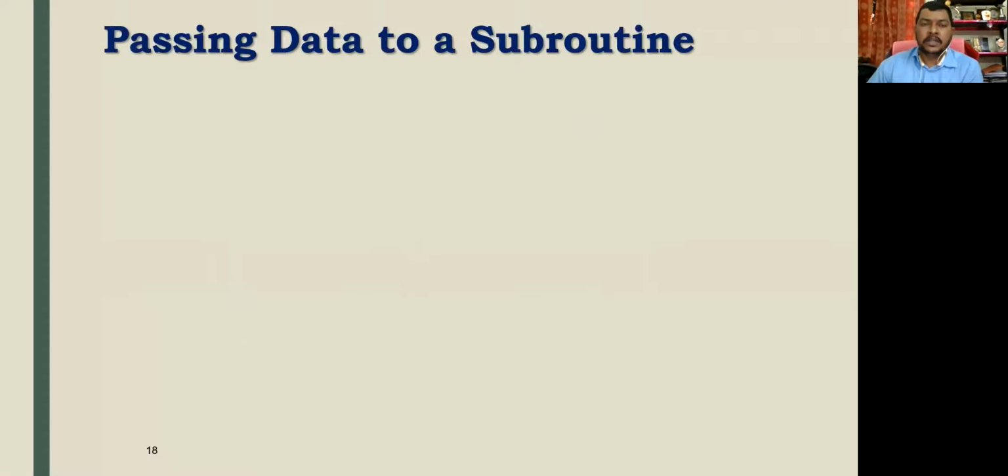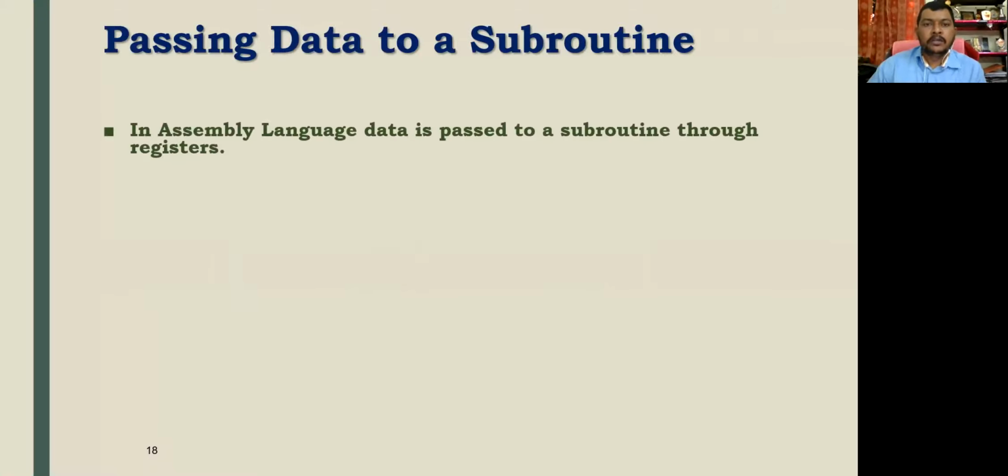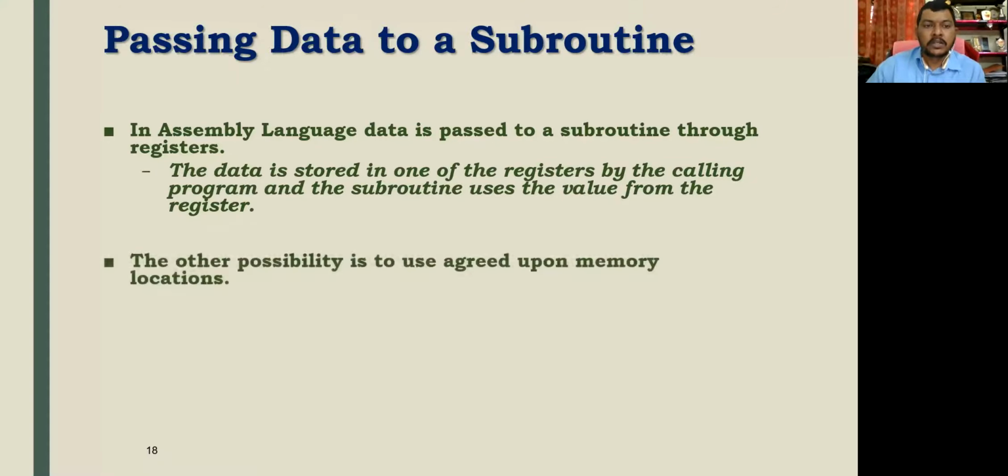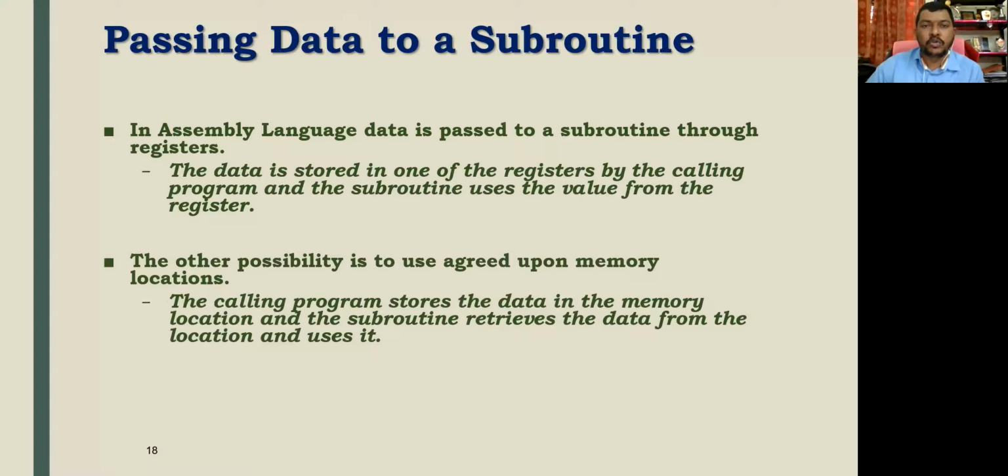And passing the data to a subroutine: in assembly language, data is passed to a subroutine through registers. The data is stored in one of the registers by the calling program, and the subroutine uses the value from the registers. The other possibility is to use agreed upon memory locations. तो जो मेमोरी लोकेशन हम लोगों ने स्पेसिफाई किया है उसी पर हम लोग रहे.